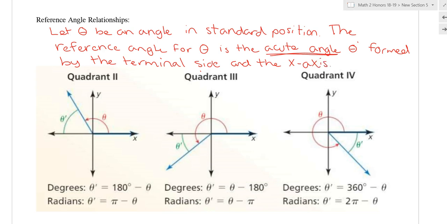So it's the acute angle, theta, with a little tick mark, theta prime, formed by the terminal side and the x-axis.